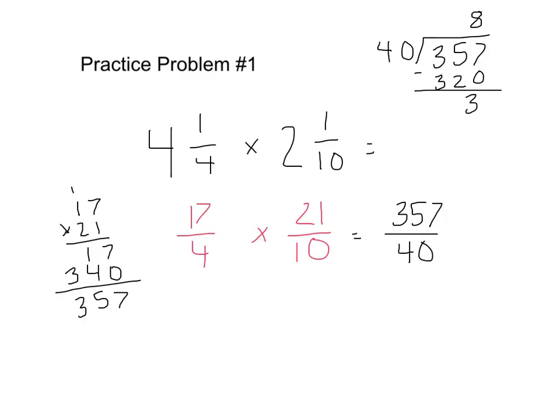And then I would have 37 as my leftover amount. So this problem, changed into a mixed number, would be 8 and 37/40. This was quite a hard problem. Hopefully the next one won't be so hard.